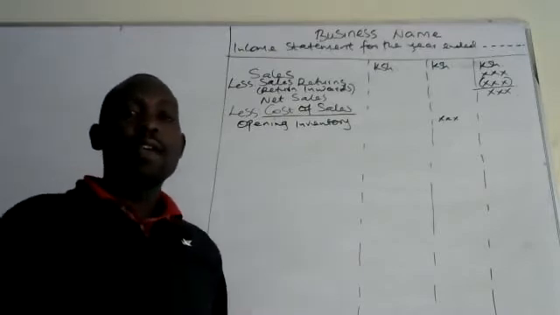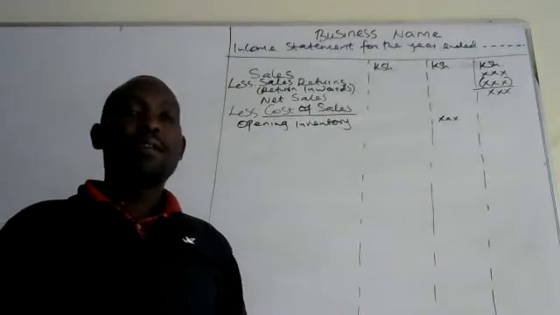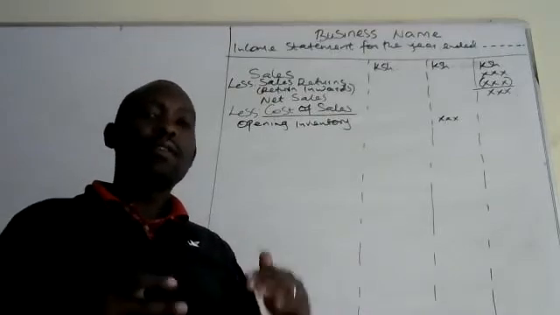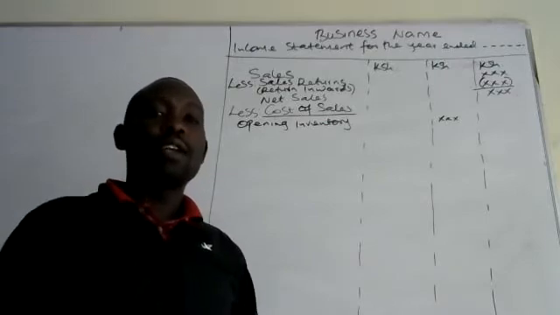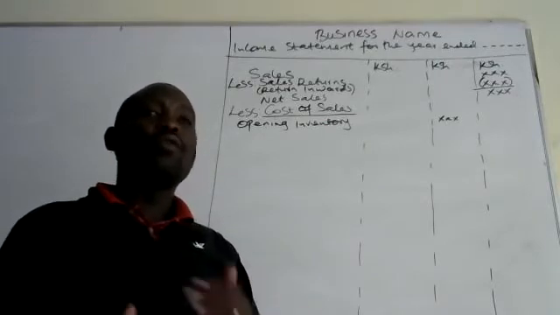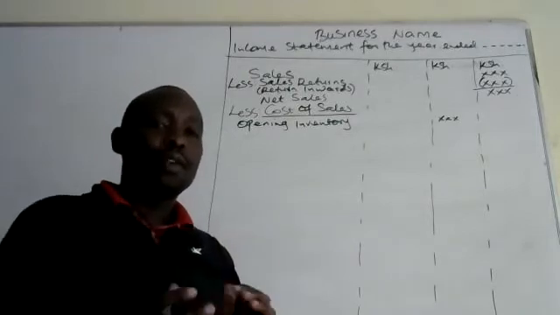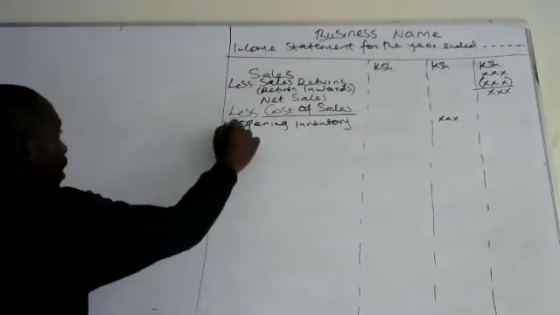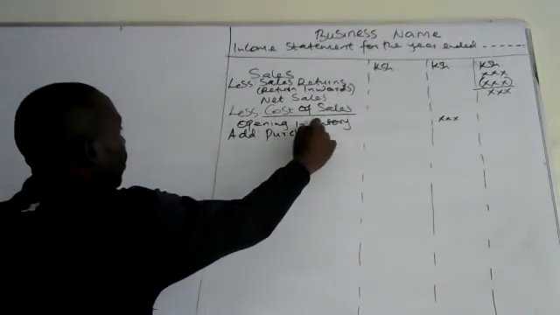When we start the year, there is that stock that remained from the previous year. The stock that remains today, when tomorrow is a new financial year starting, is what I will start with tomorrow. So to the cost of that stock that I started with, I add the cost of what we call purchases.